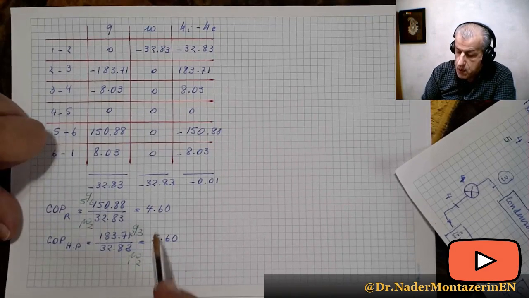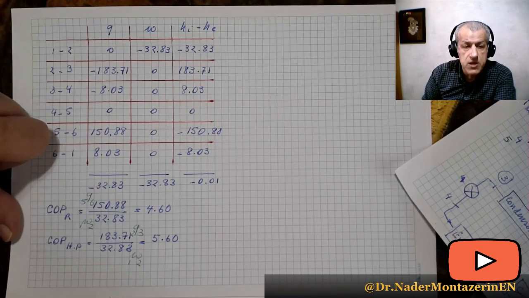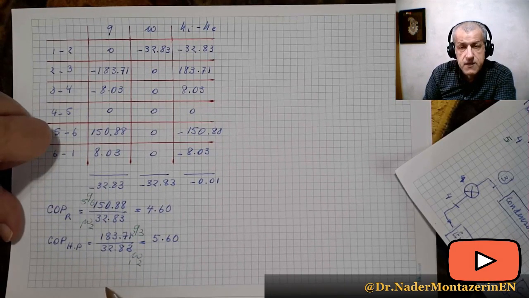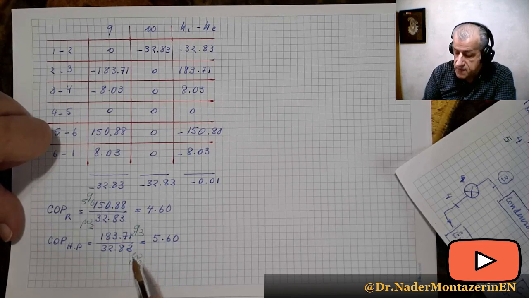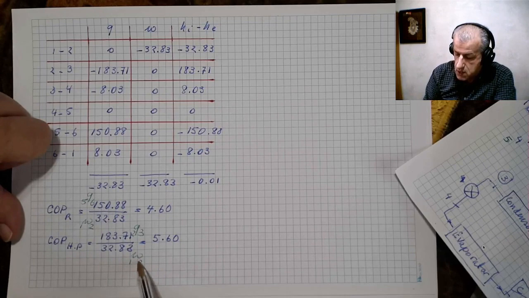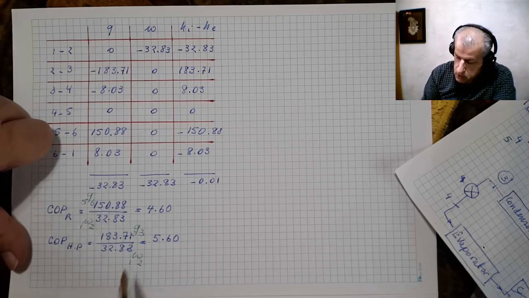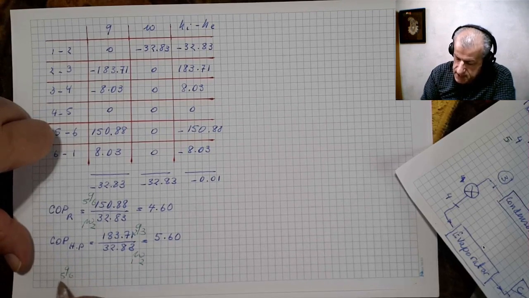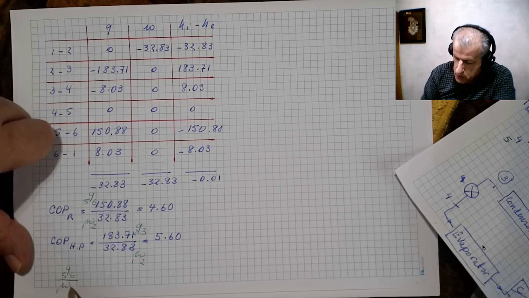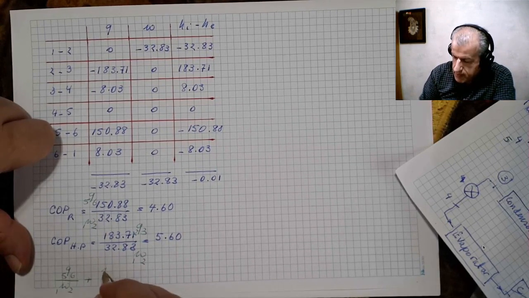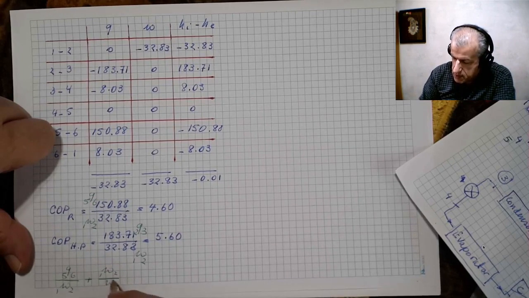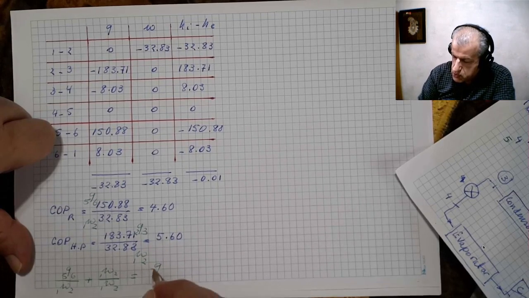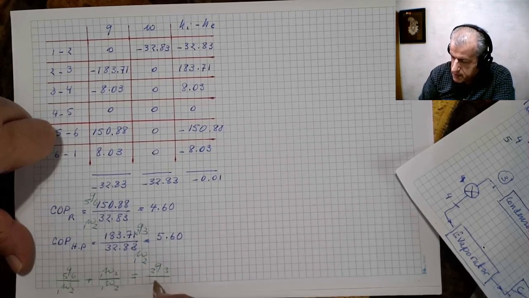You see, they are 1 away from each other, and the reason is because if we write down the first law of thermodynamics for the whole cycle, the difference between these two values is work. You could easily prove that Q56 divided by W12 plus W12 divided by W12 equals Q23 divided by W12.